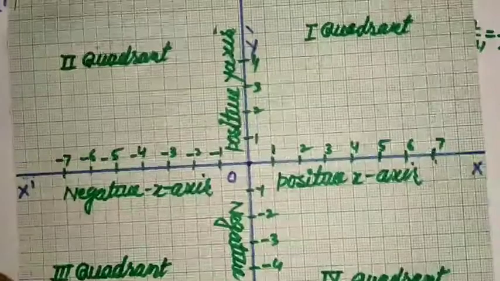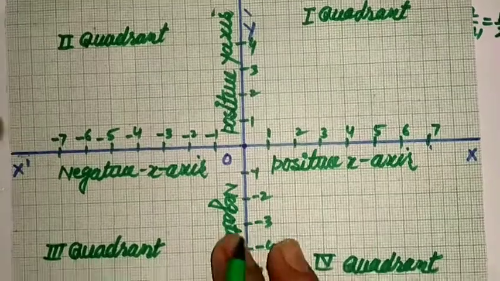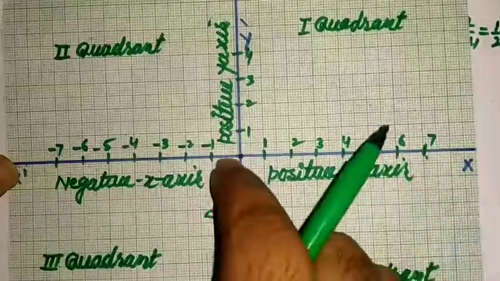So now according to sign convention, this is the positive and this is the negative.